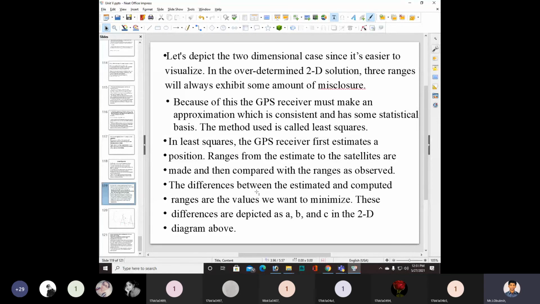In least squares, the GPS receiver first estimates a position, then ranges from the estimate to the satellites are computed and compared with the ranges as observed.